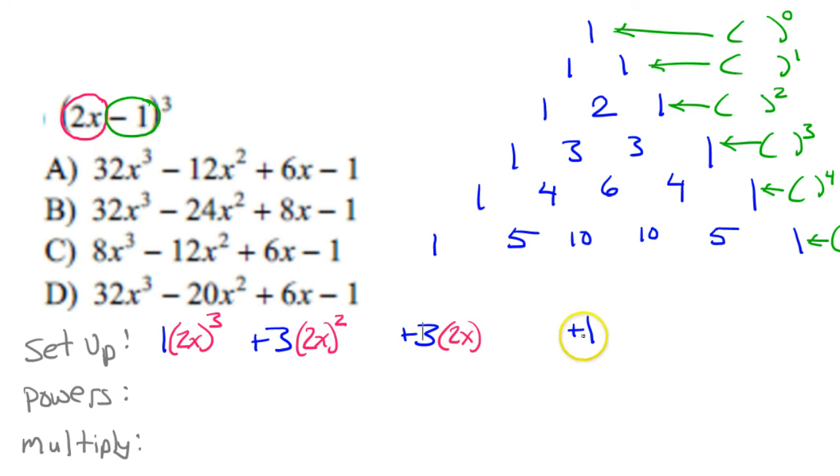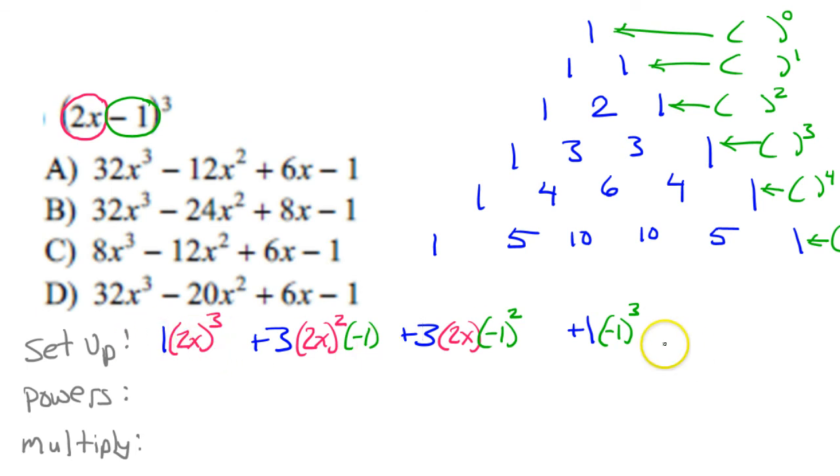It's on the right, so I'm going to start off with it on the right. So I will do -1 again to the third power, the power of the problem, and now I will decrease as I go left. So -1 squared, and then -1, and then none.